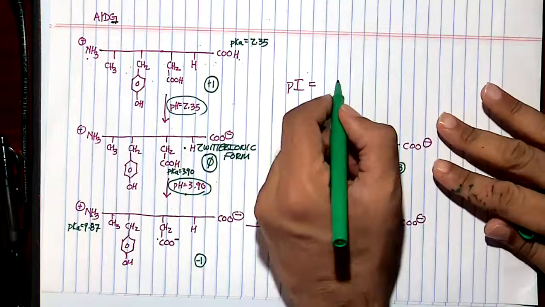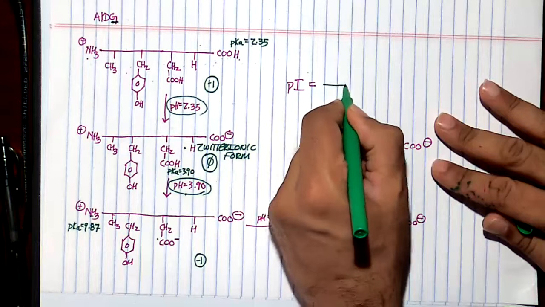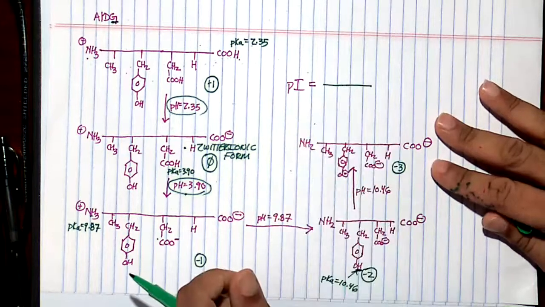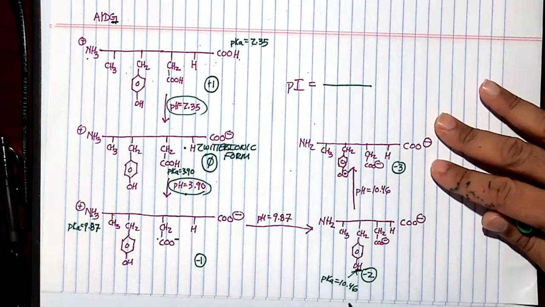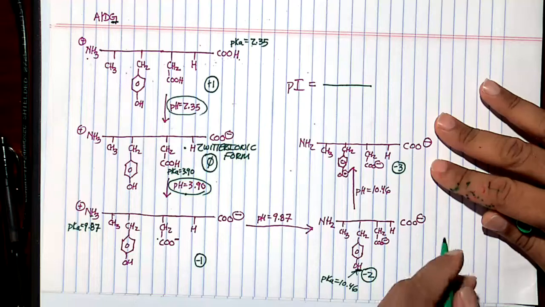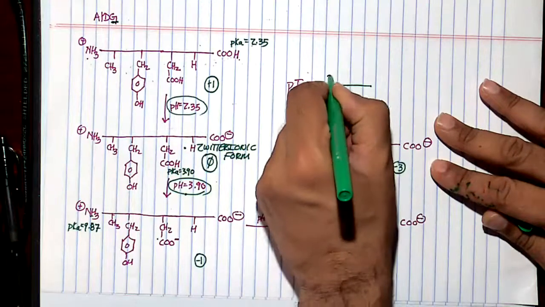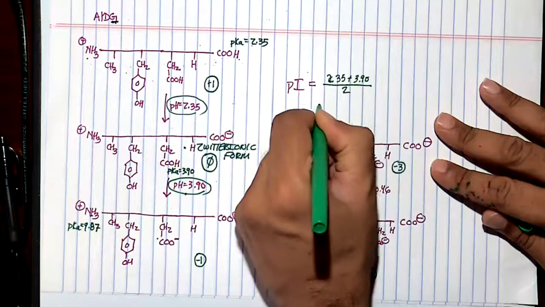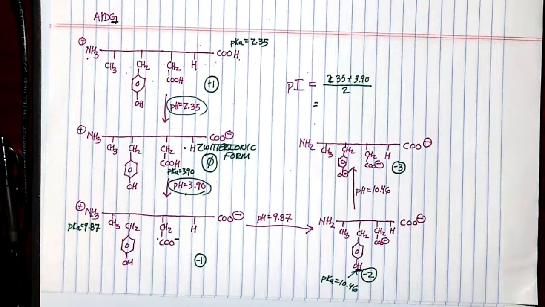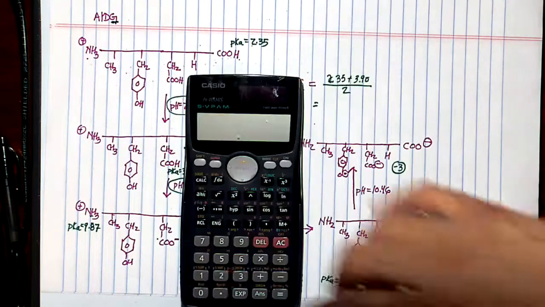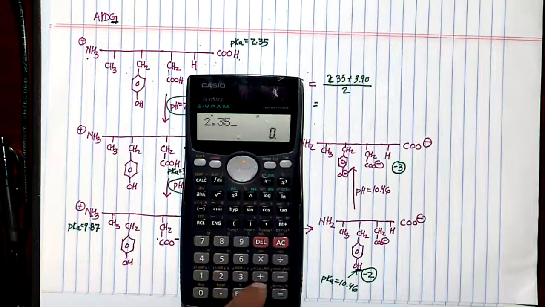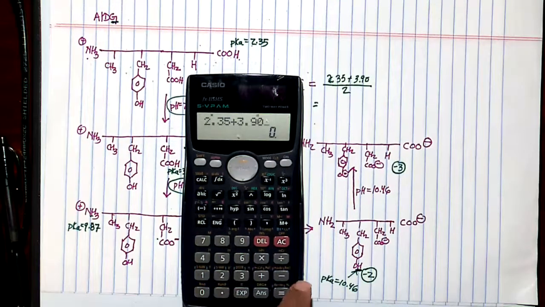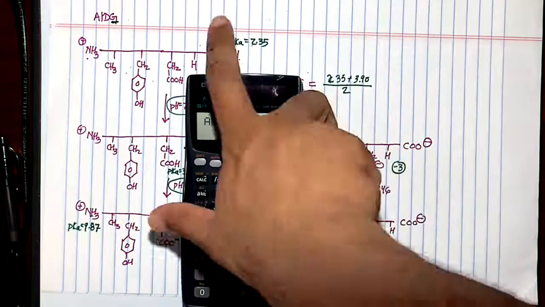So the PI for this AYDG tetrapeptide, alanine, tyrosine, aspartic acid, and glycine joined together via 3 peptide bonds, is going to be 2.35 plus 3.90 divided by 2. Let me do that in our calculator here. 2.35 plus 3.90, about 3.13.